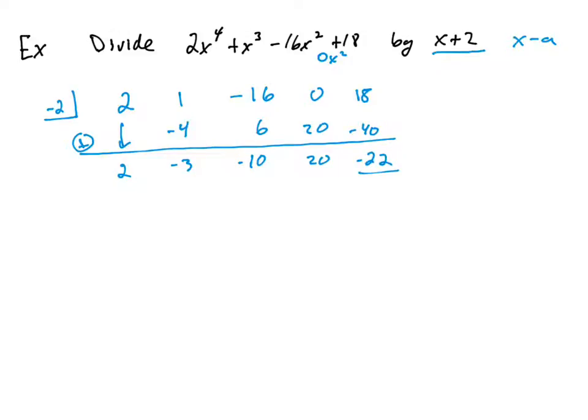So that's our remainder. We started with fourth degree, so this division has reduced the degree by 1. So 2x cubed minus 3x squared minus 10x plus 20, and then minus 22 over x plus 2. And that's our solution.